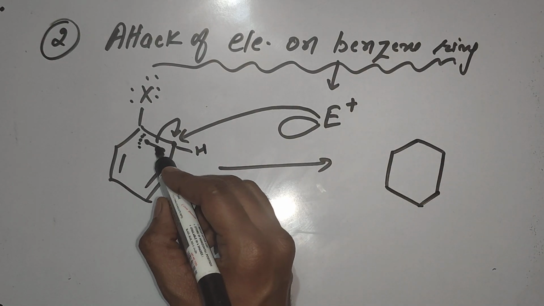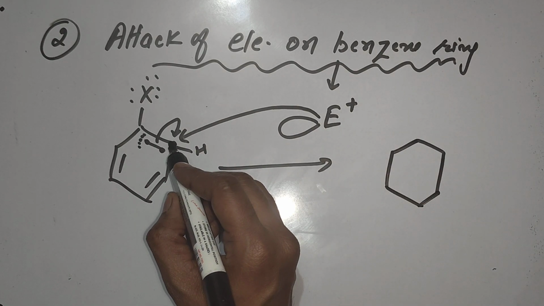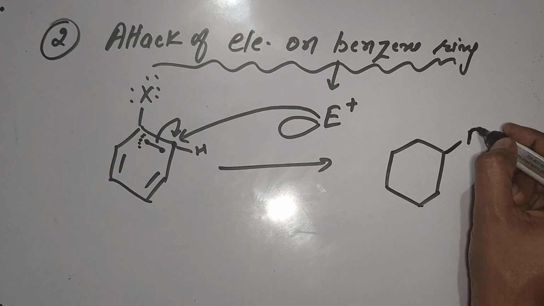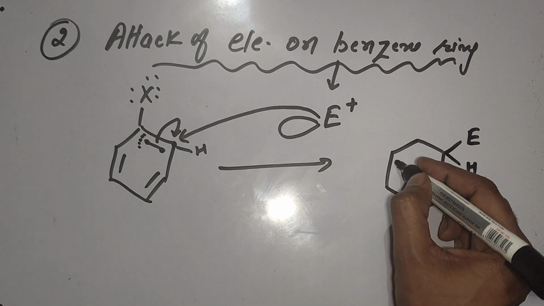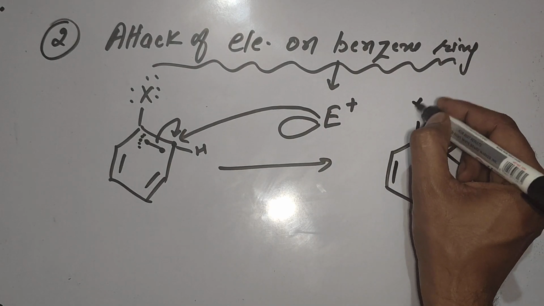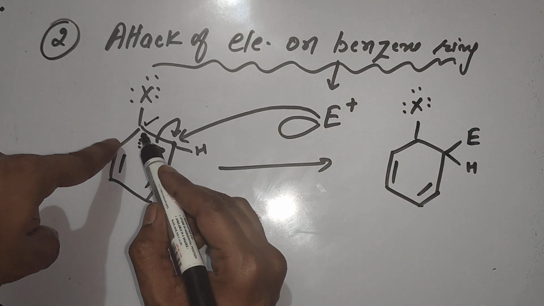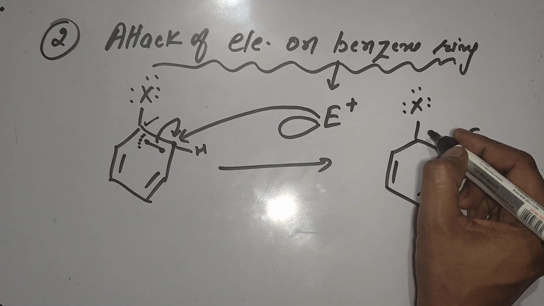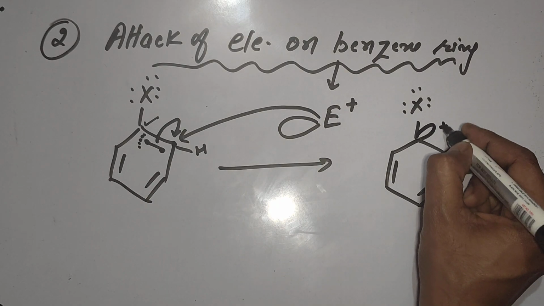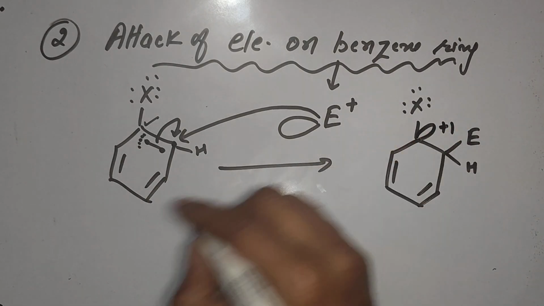So when these pi electrons are shifted toward carbon and used to make a bond with E, such a condition will generate, with X as it is. Now because this carbon is losing its electrons, it will become a vacant orbital positive particle, a carbocation.